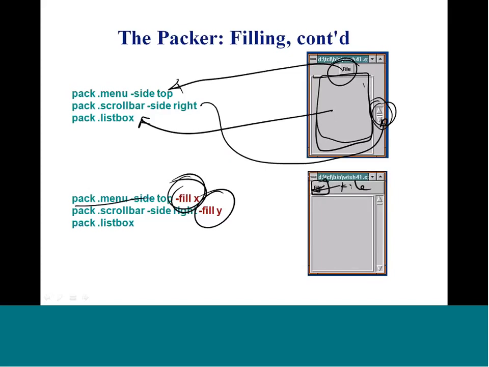So here is the file, and this button itself is extended all the way. So that is fill X, and then for the scroll bar we want to fill the Y direction. So we put this here so that the scroll bar goes top to bottom, and then we can have our little list box which is here.